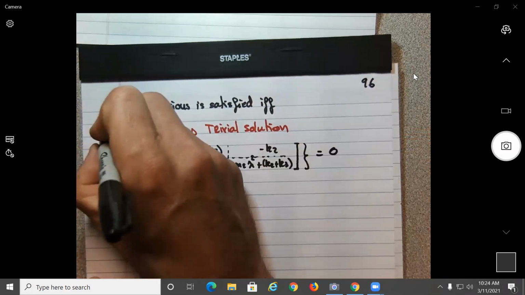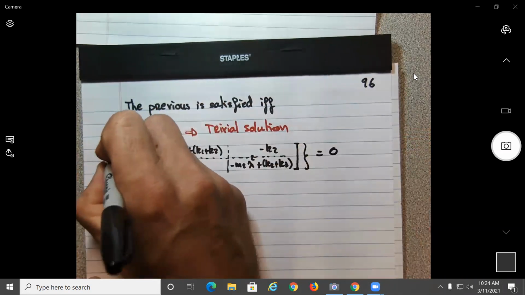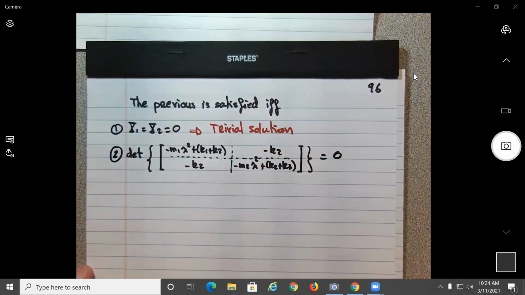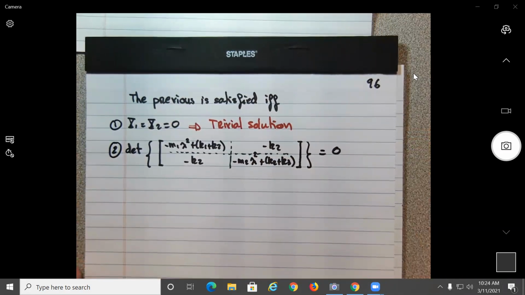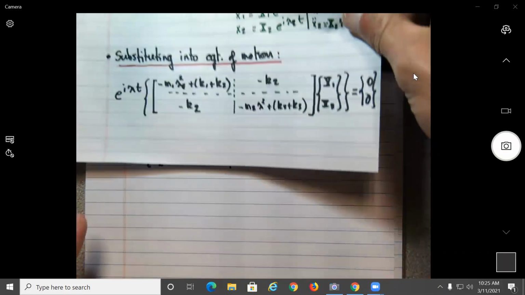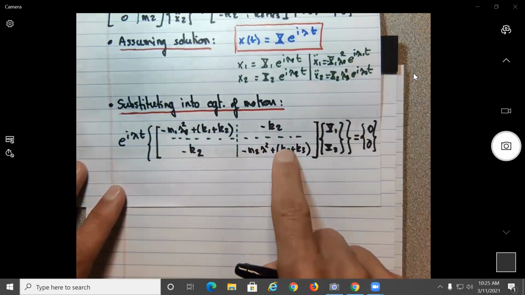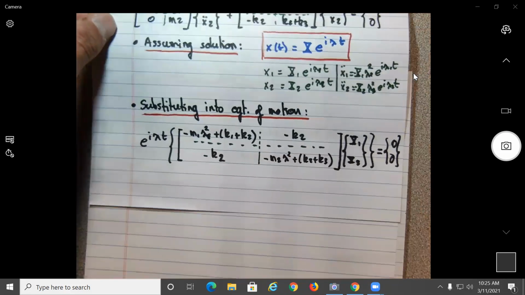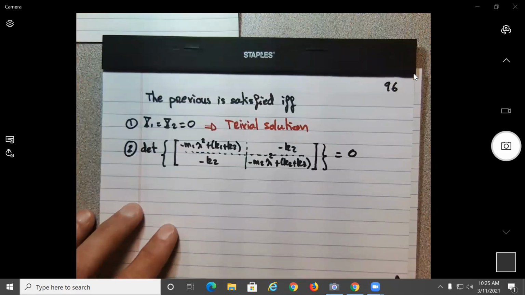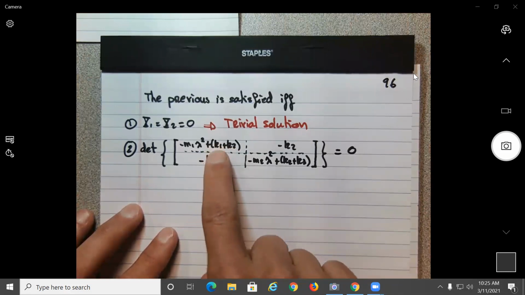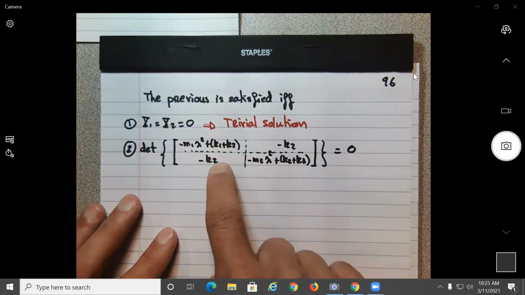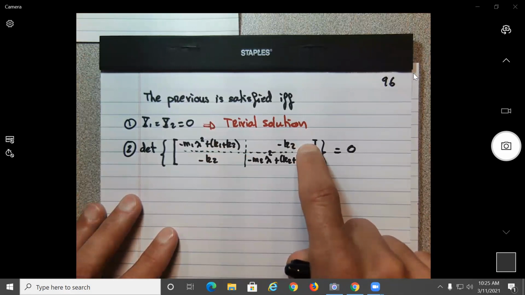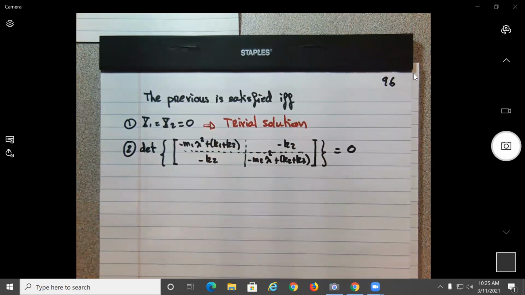So 1, 2. Okay, so this is when the solution is when this will be equal to 0. In order to know when this is equal to 0, you need to solve for the determinant of this matrix. If we find the determinant of this one, what do you need to do? This one times this term minus this term times this term. No? Okay, so here I'm going to give you the solution right away.